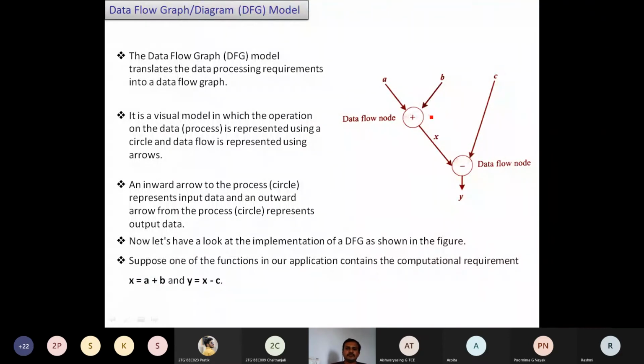So what is the first circle going to perform? Without any condition, without any rules and regulations, without any protocol, they are simply performing. When the data A and B have arrived, the output from node 1 is X equal to A plus B. When X is there, when C is there, this data flow model process is going to perform Y equal to X minus C without any condition.